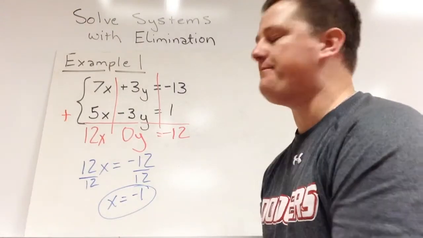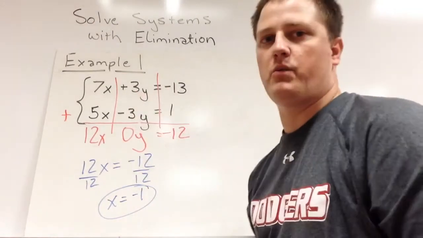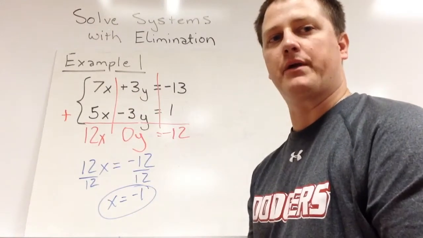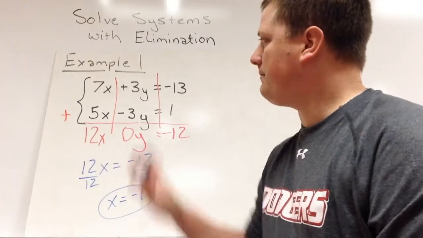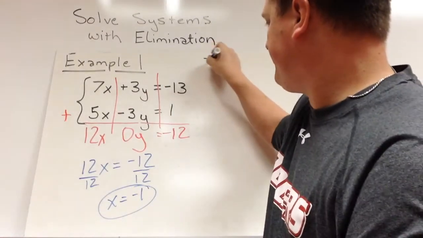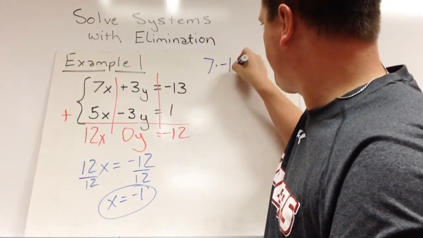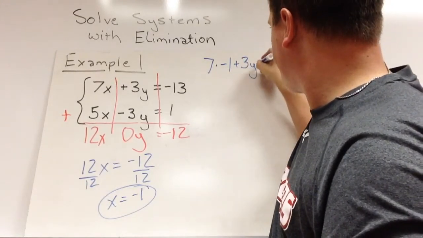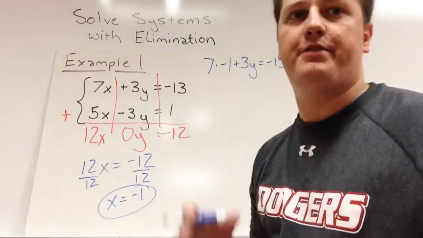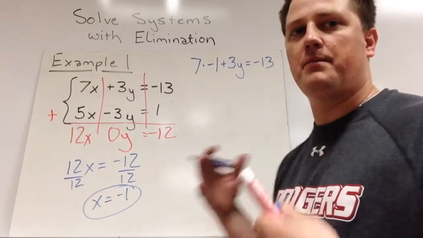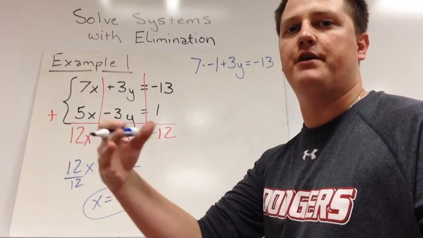We now need our y. What we have to do is substitute this into one of the original equations. It really doesn't matter which one we pick, so I'm going to go with the top one. Now this part of elimination is a little bit more difficult than the second part of substitution.